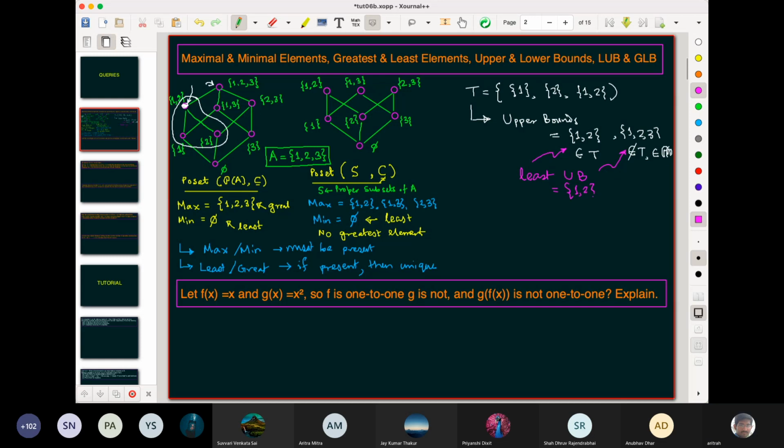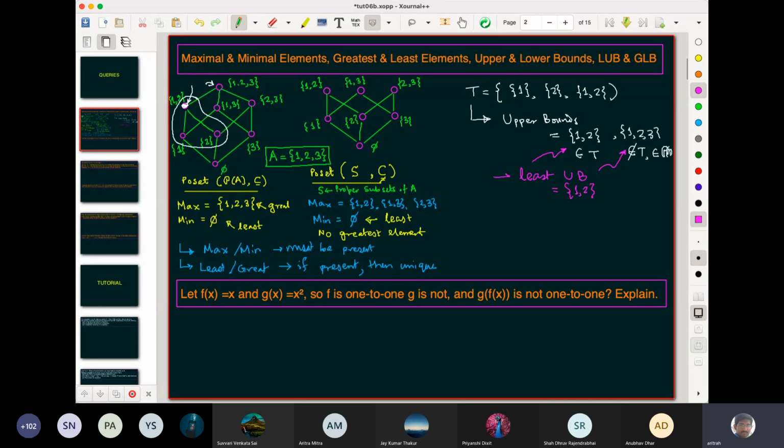Because 1, 2, 3 is a cover for this. If there are other upper bounds, for another example, this subset is related to those other elements as well. So this is the most succinct element that you get out of all possible elements of this diagram.